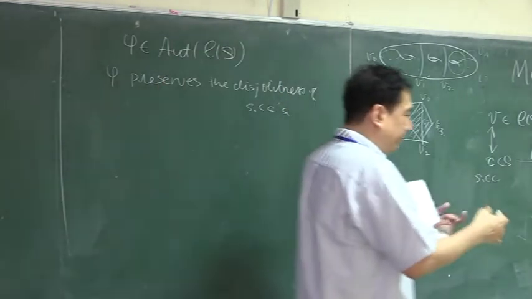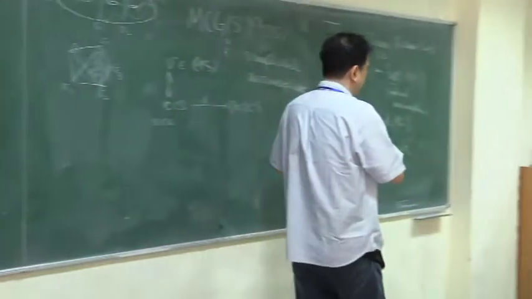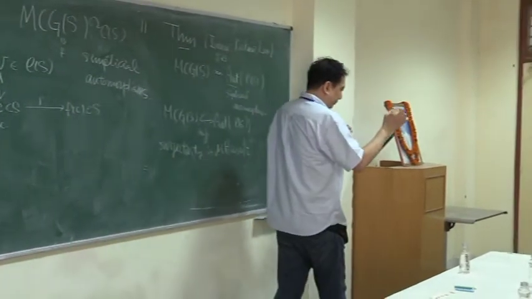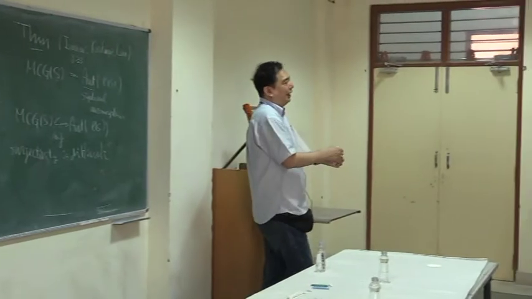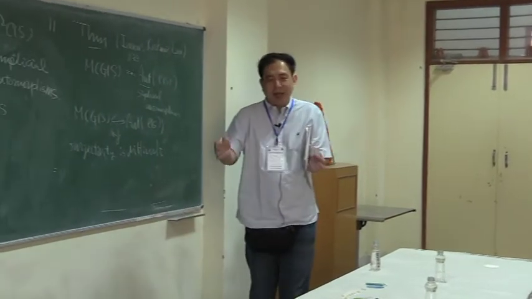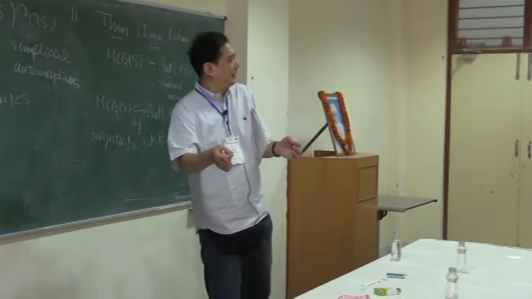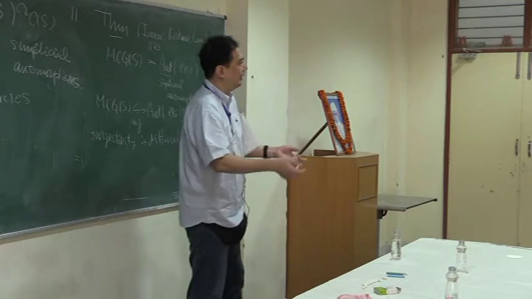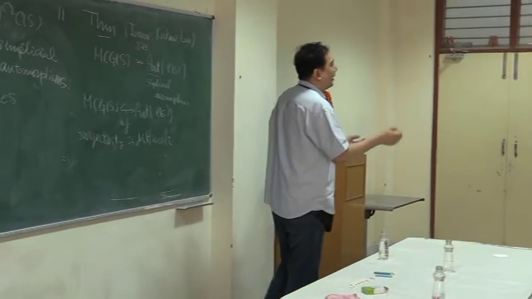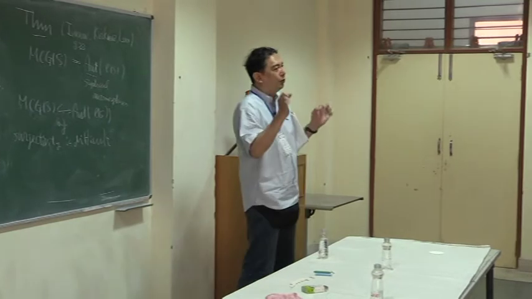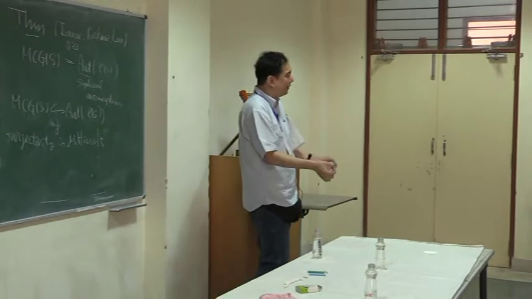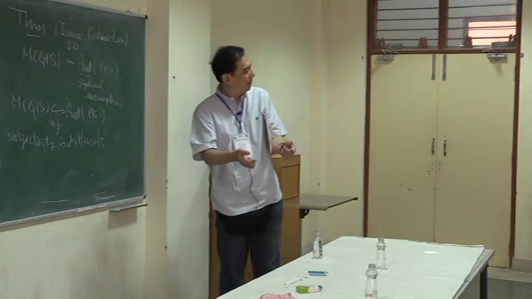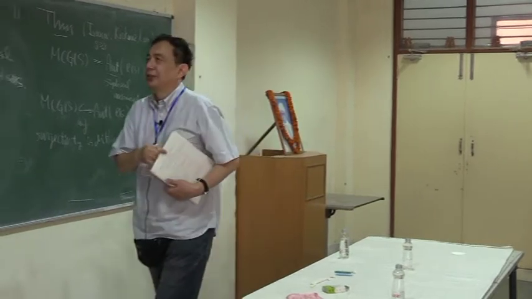Because it's a simplicial automorphism, if two vertices span an edge, then their images also span an edge. That means if two simple closed curves are disjoint, then their images should also be disjoint. Okay.